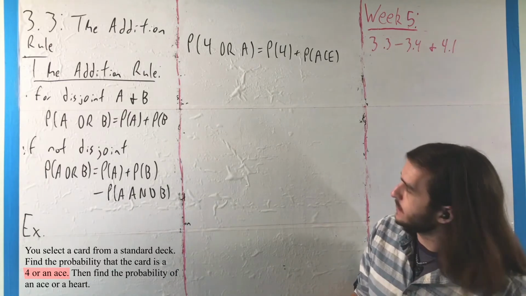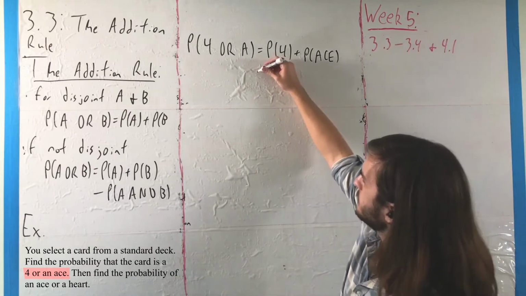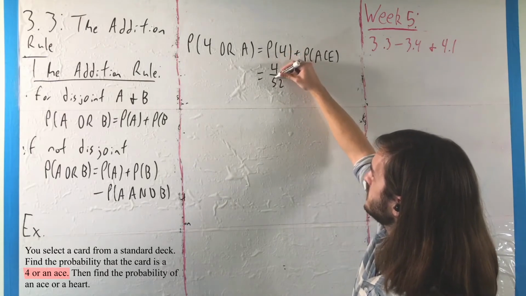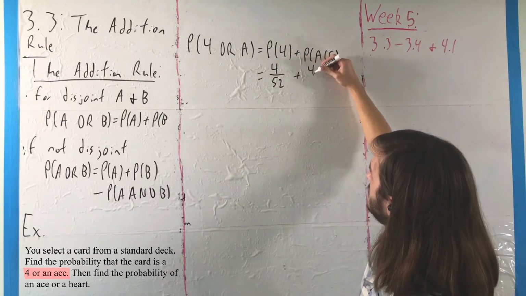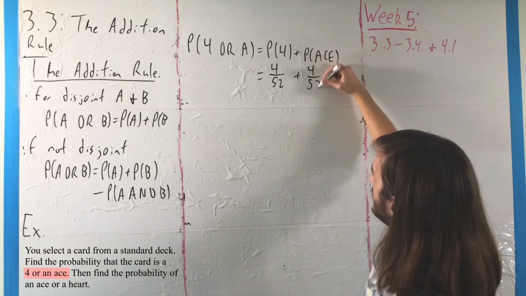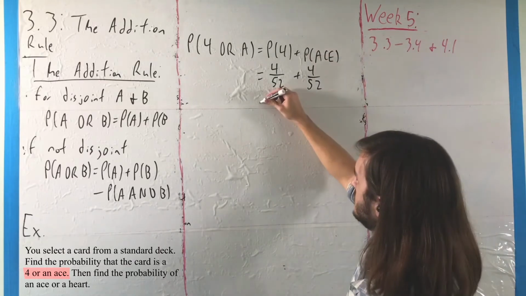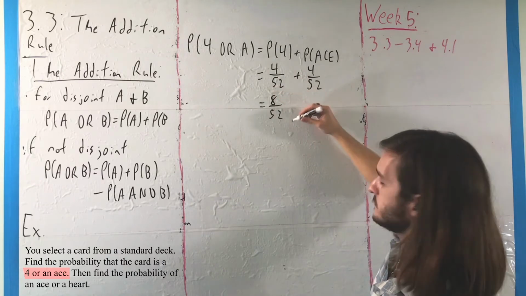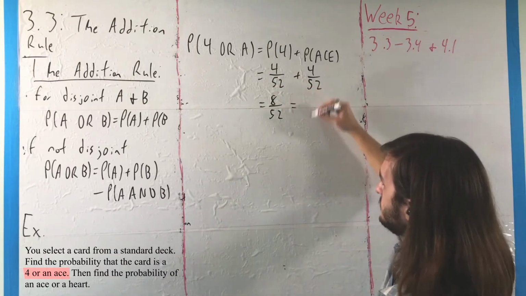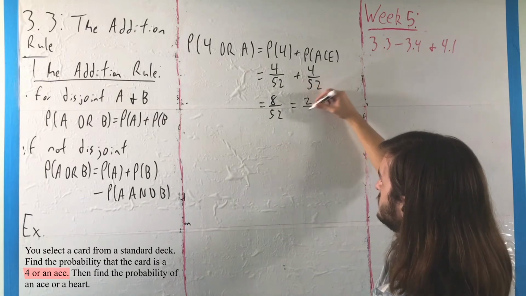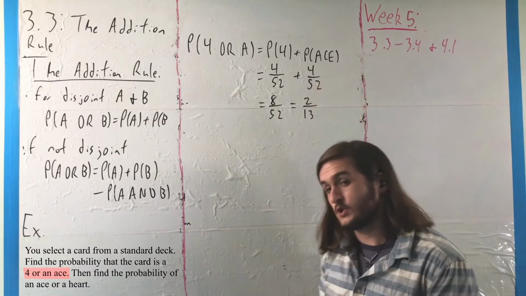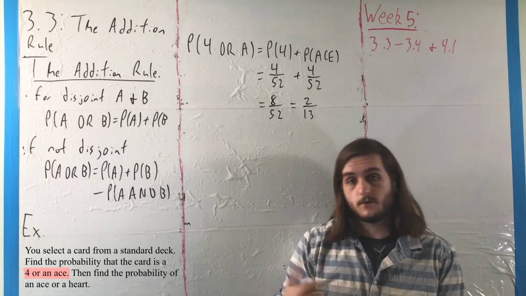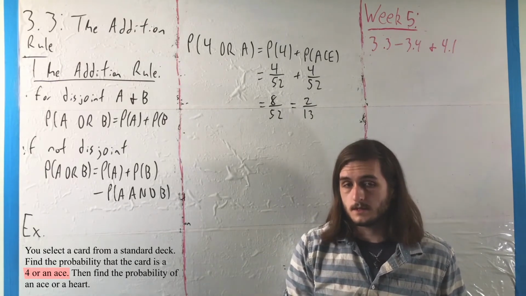For this, not so hard though, we have 4 4s out of 52, as well as 4 aces out of 52, for a total of 8 out of 52, or if you prefer to simplify, 2 out of 13, which should make sense because you can think about that as being the ace of a particular suit or the 4 of that suit that goes with it.